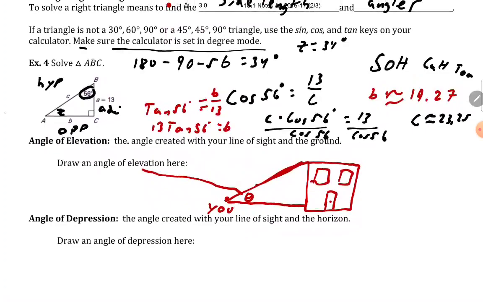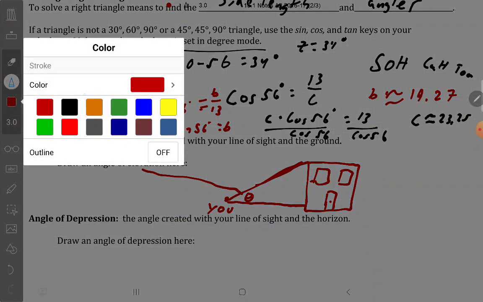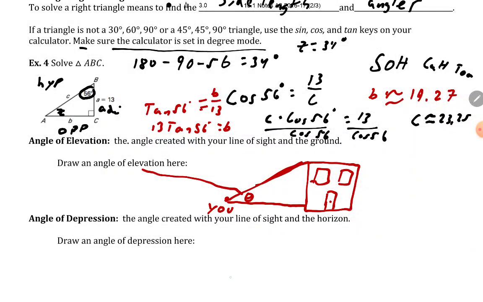Angle of depression, let's say you're on a mountain. And this is you up here. And you're just looking out on the horizon. And let's say here's your slope.